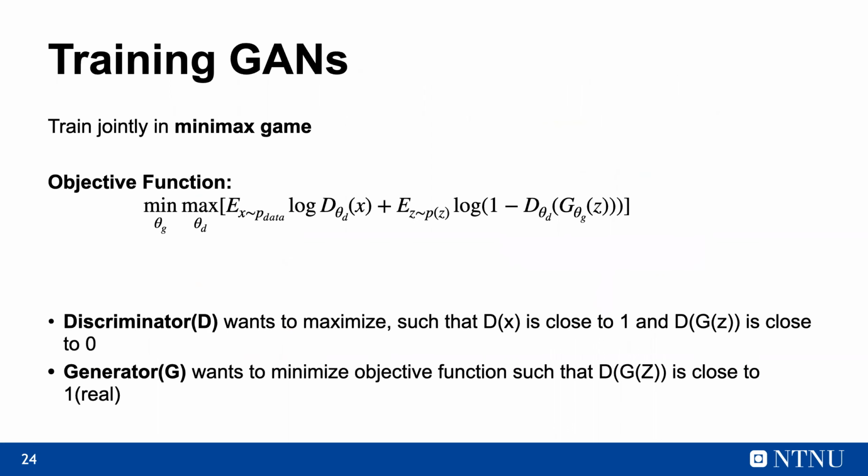Now, this isn't going to be a complete tutorial of GANs, but I'm just showing you the objective function quite quickly. The objective function might look a bit scary at first sight, but essentially what we're doing is just maximizing the output of the discriminator for real samples. So we want the discriminator to predict 1 when it sees a real sample, and predict 0 when it sees a fake sample.